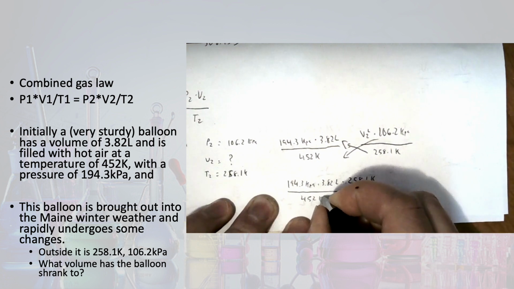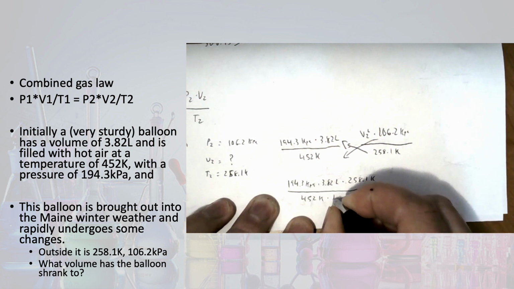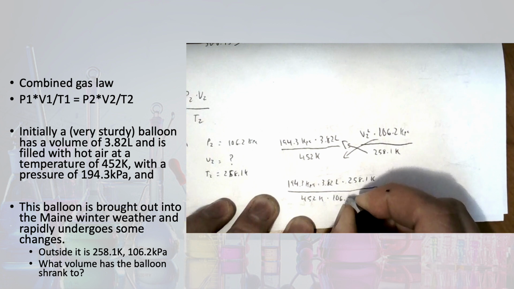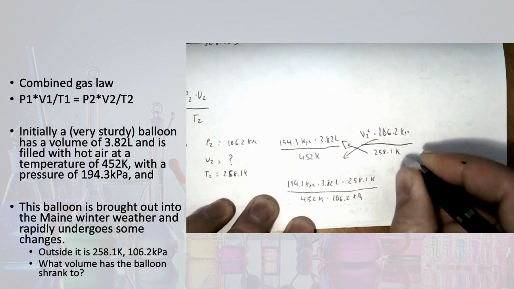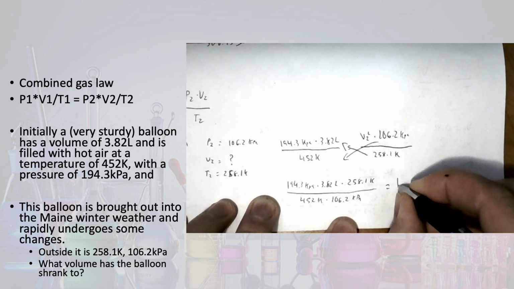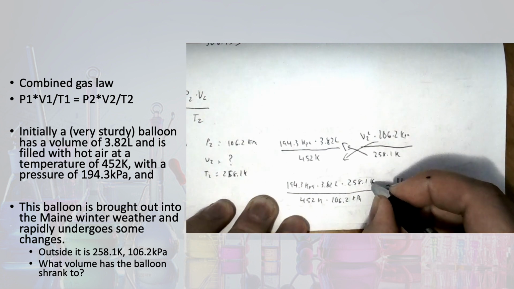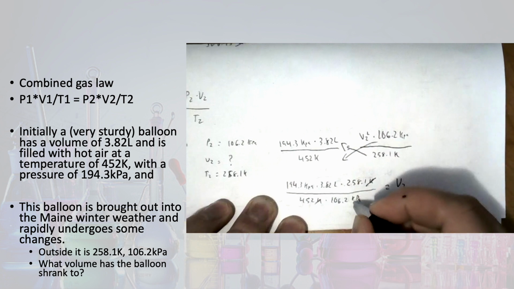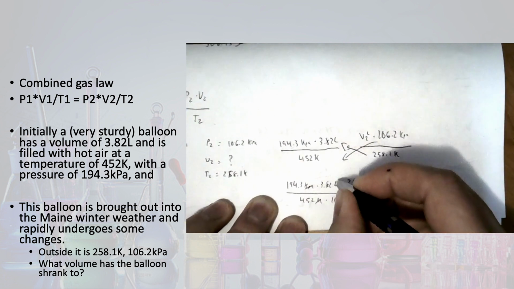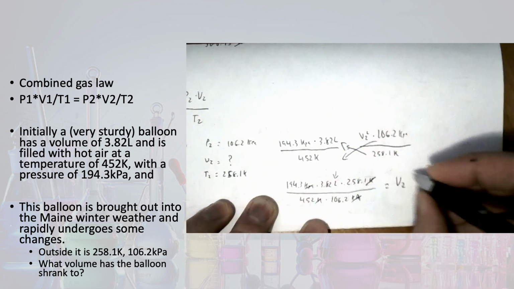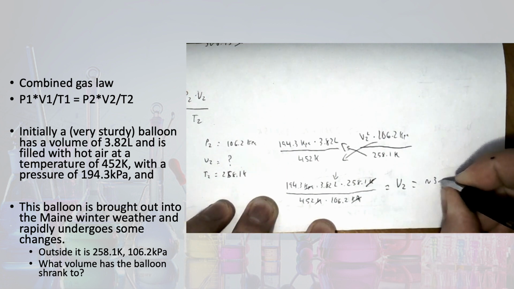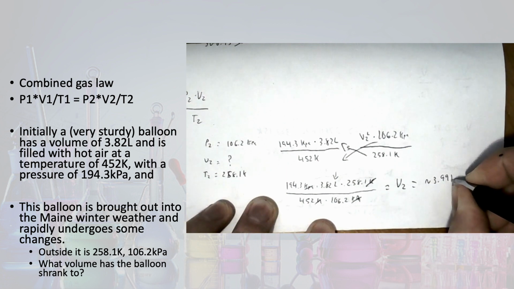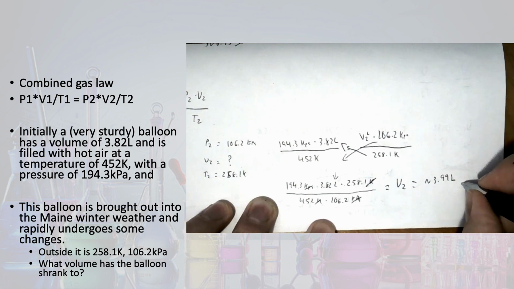Our denominator is 452 Kelvin times 106.2 kilopascals, and we set this equal to V2, our unknown. Now our Kelvin units cancel, our kilopascal units cancel, and we're left with liters. If we multiply across and divide, we are left with roughly 3.99 liters.